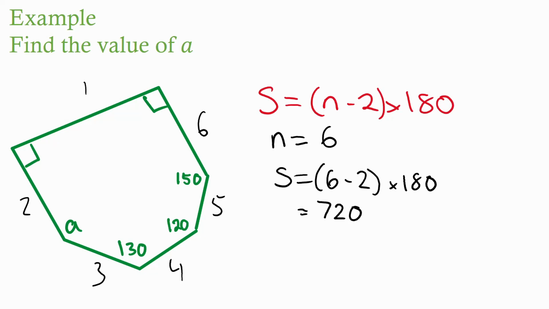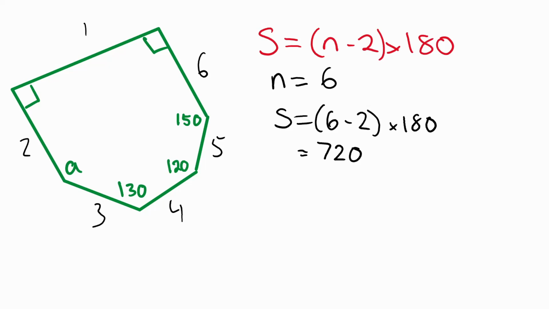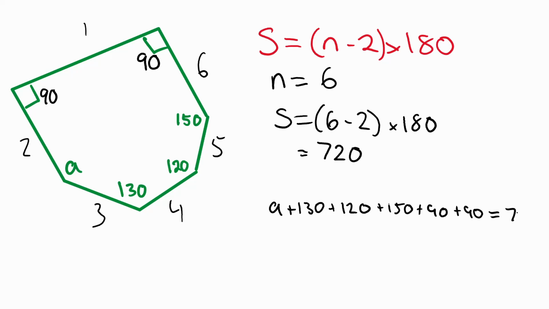So I know all the angles need to add up to 720. So knowing that, I remember that also these are 90, just to make things a little clearer. I know that a plus 130 plus 120 plus 150 plus 90 and plus 90 all need to equal 720.